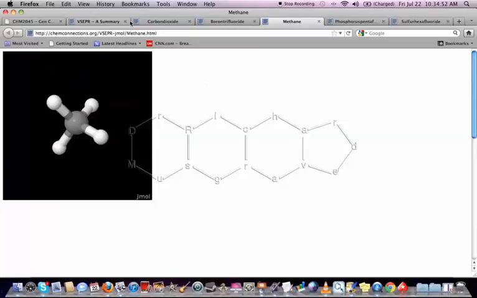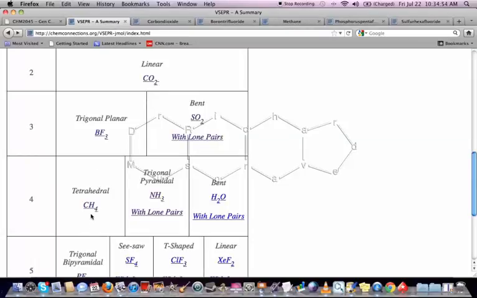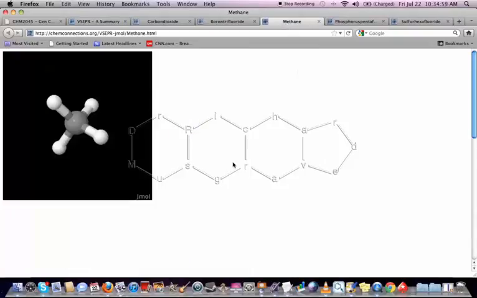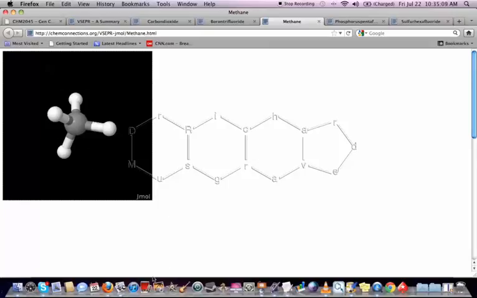Alright, let's look at what happens if you've got four things around the central atom, and we're looking at a tetrahedral shape now. Now a tetrahedron is a four-sided figure, and these atoms would be at the vertices of such a four-sided figure. Let me show you what a tetrahedron looks like.